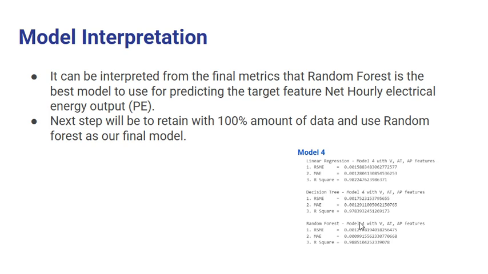So before using the final model, as a good practice, for the split which we created in the beginning, that is 80-20, what we'll be doing is we'll retrain the model with 100% of the data to get better results.